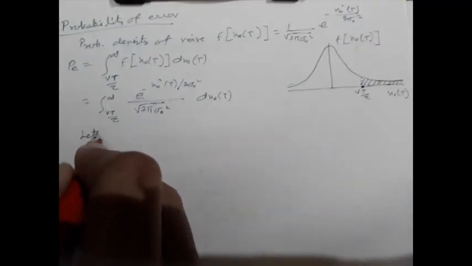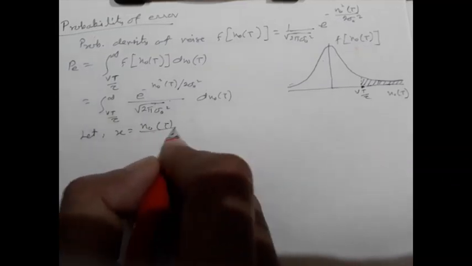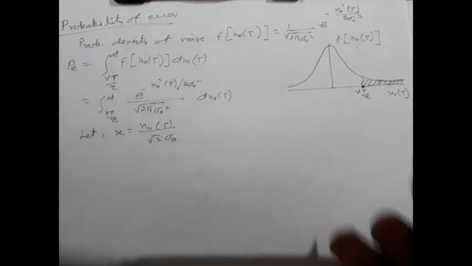Now let us assume x equal to n0(t) by root 2 sigma 0.